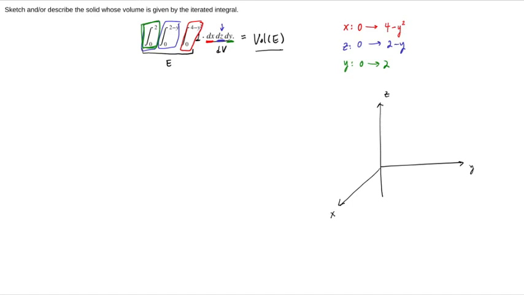When y is 0, x is going to be 4, so it's going to pass through this point here where x is 4. And then it opens toward the negative x-axis. And so it looks like a parabola. It's not a very good parabola, but we're just trying to get a sketch here of what the region is going to look like. And this parabola is just on the xy plane.